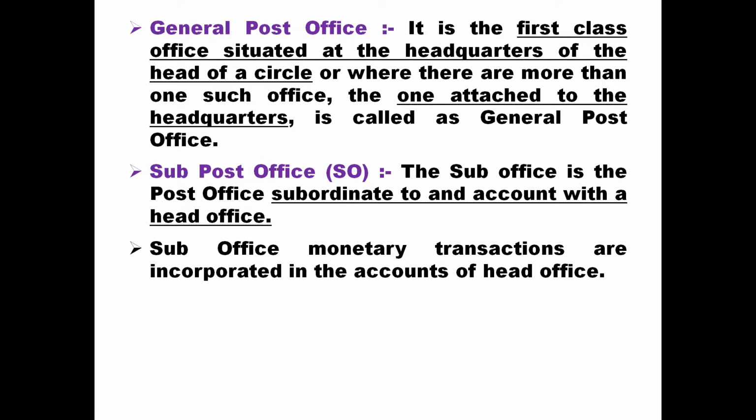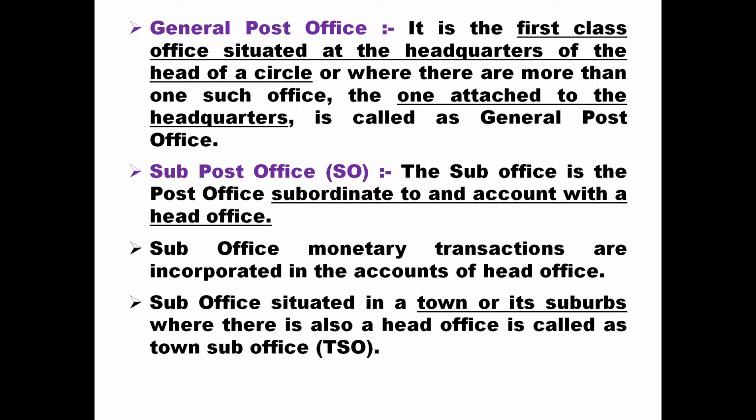Sub office monetary transactions are incorporated in the accounts of the head office. A sub office situated in a town or its suburbs where there is also a head office is called Town Sub Office or TSO. In charge of SO is SPM.